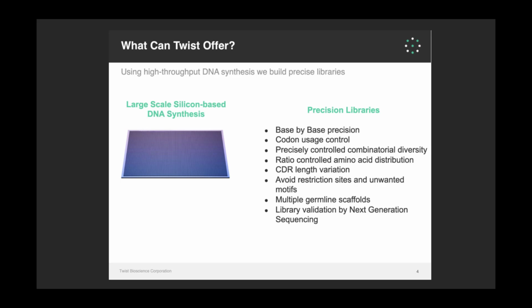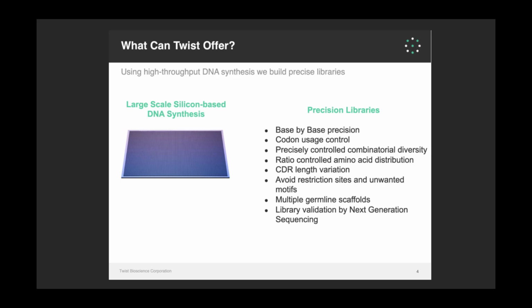We have tight control over the amino acid distribution in each position. And because we're just making pools of individual oligos, it's very easy to modify and have different lengths of CDRs, which, using the traditional approach of degenerate oligos, is really difficult to do and requires multiple degenerate oligos.